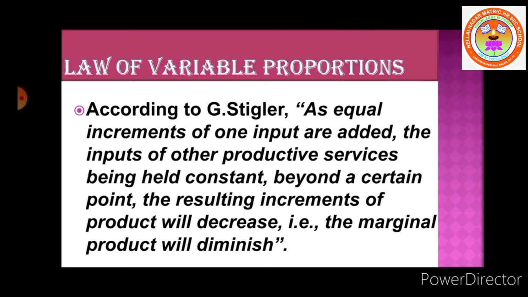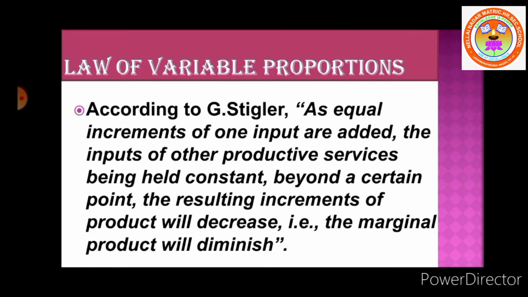The law of variable proportions states that as the quantity of one factor is increased, keeping the other factors fixed, the marginal product of that factor, the variable factor, will decline. Let us say that you have 10 acres of land and 1 unit of labor for production.